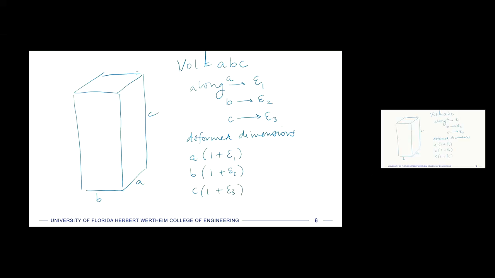And if we multiply those together, we'll get the deformed volume. Let's call that the strained condition, strained volume, VS is what they call it in the book. If I multiply all of them together, I come out with ABC at the beginning, and then the principal strain terms.